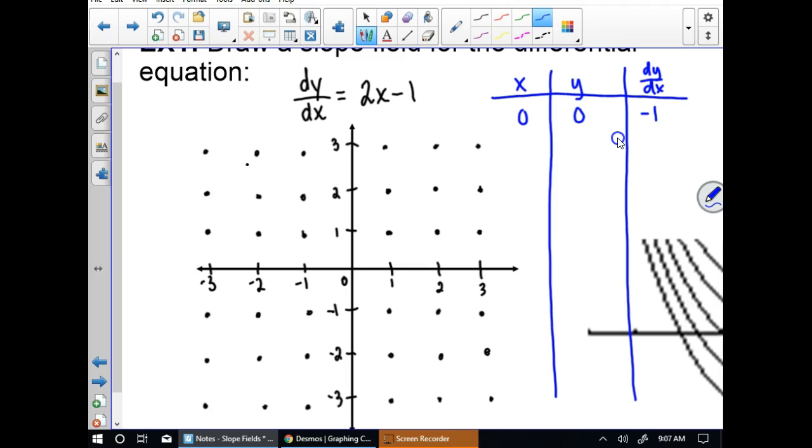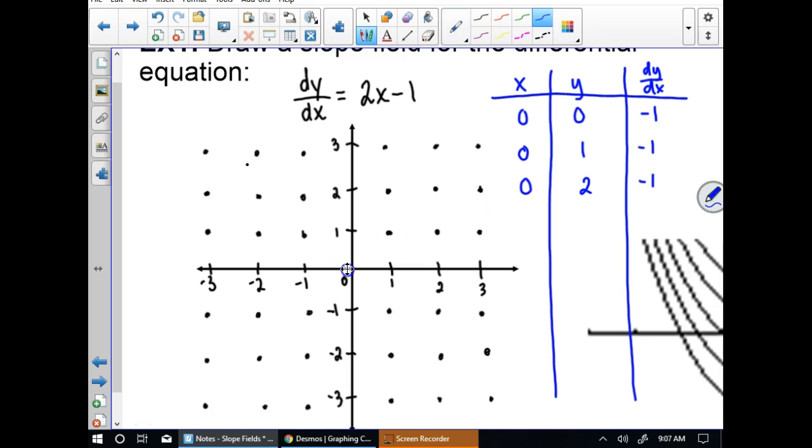If I've got 0, 1, I'm still going to get negative 1. If I get 0, 2, still negative 1. 0, negative 1, I'll still get negative 1. All the y coordinates don't really matter. So this is what we do for a slope field.